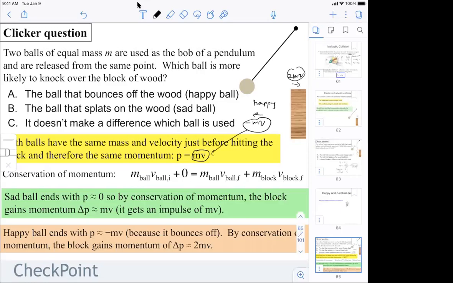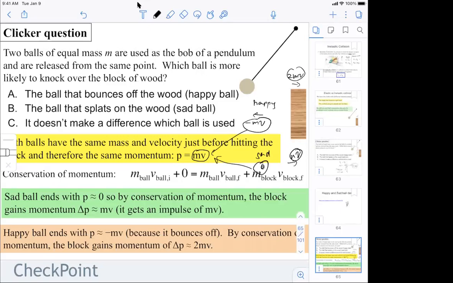But if it's the sad ball with a 0 final velocity, the block is really just going to pick up the mv because 0 plus mv is equal to whatever initially they had. You see that? So the happy ball will be more likely to knock over this block.